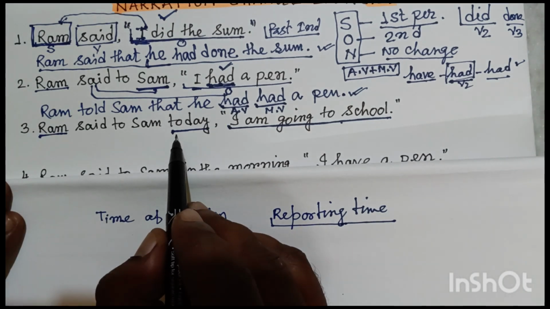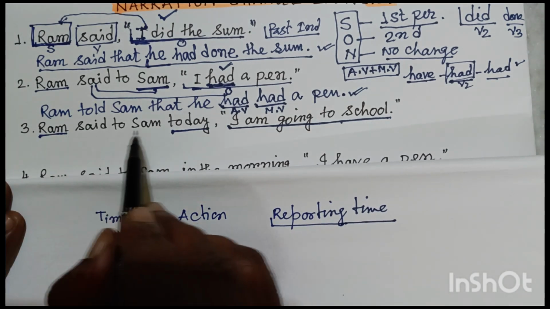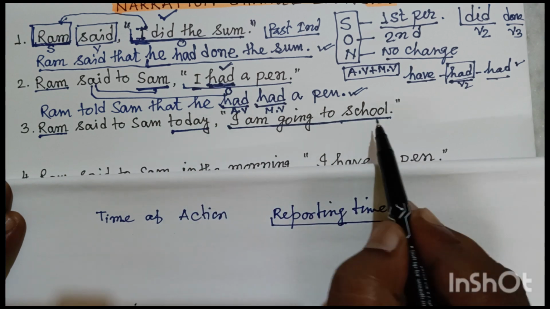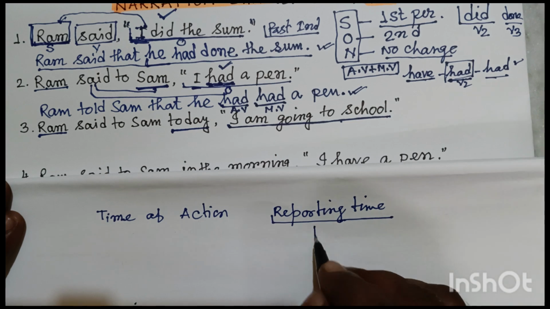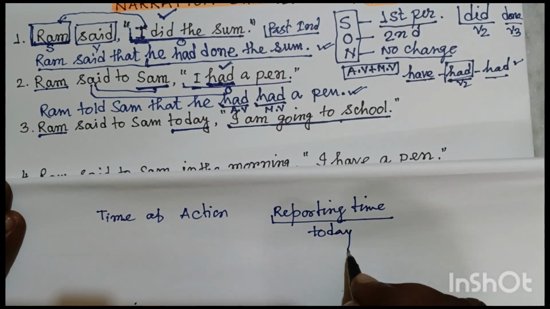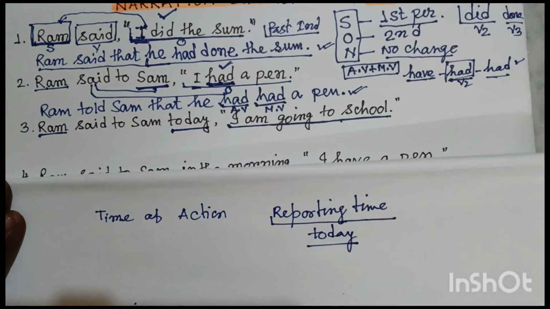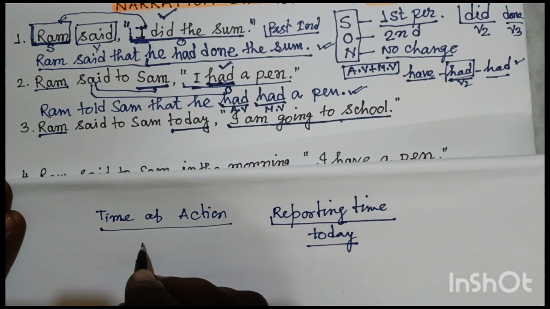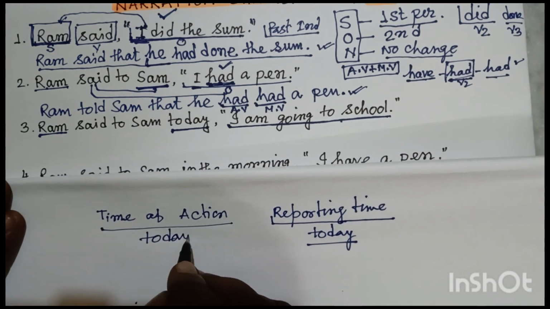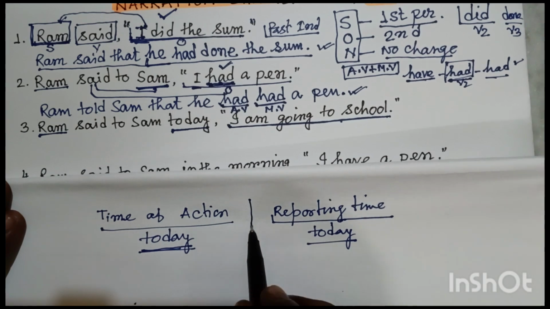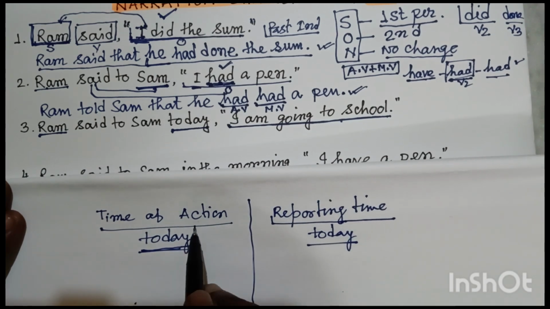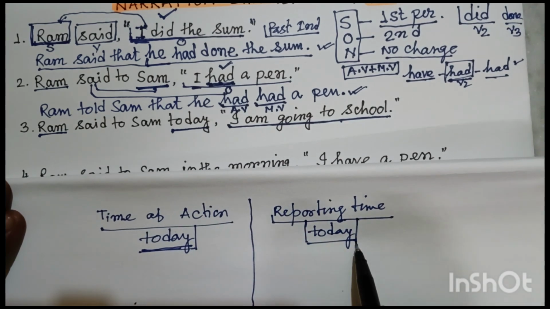Here you can see the sentence is, "Ram said to Sam today, I am going to school." That means reporting time is also today. Reporting time is today and time of action is also today. That means both parts are taking place on the same day.